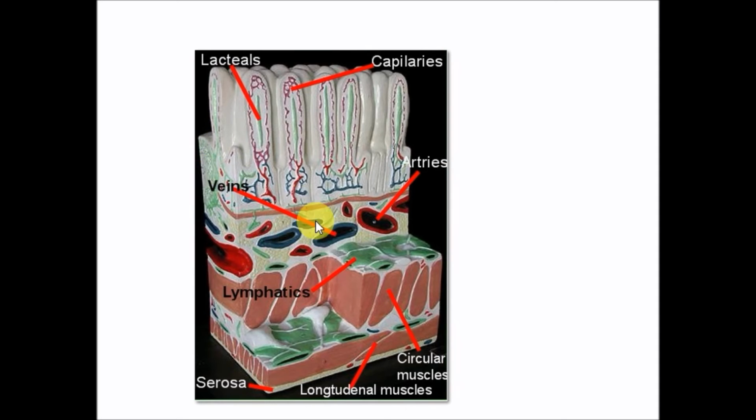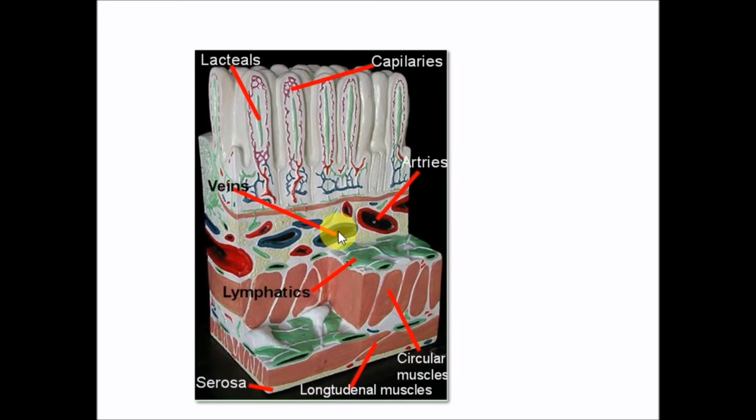In the submucosa, you will have blood vessels. Arteries are red, of course, and blue are veins. And again, any red is artery, any blue is vein, and any green depends on which part. It can be the biliary system if we're talking about the liver and the biliary tract. In this light green, that would be the lymphatic.